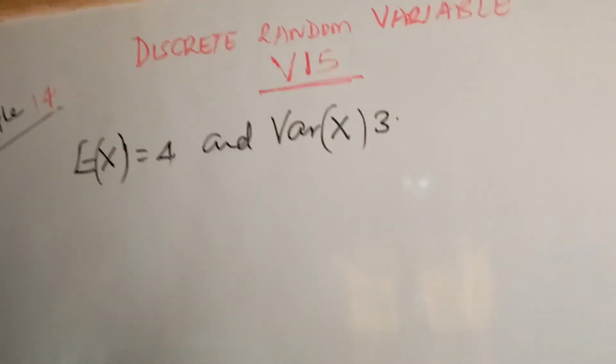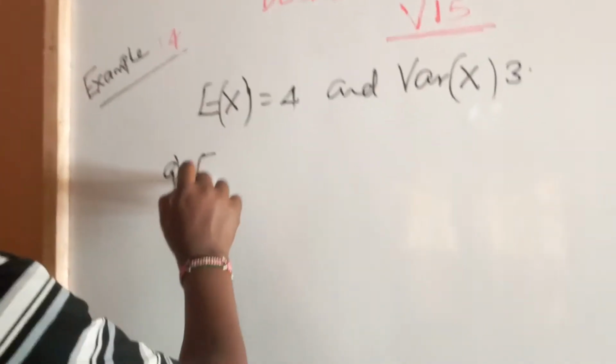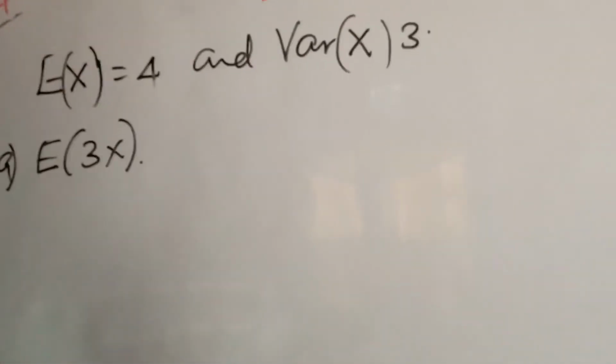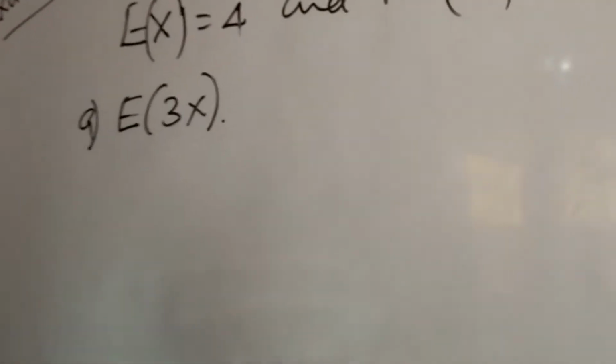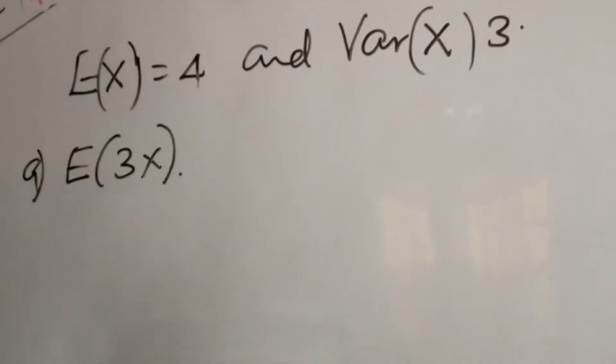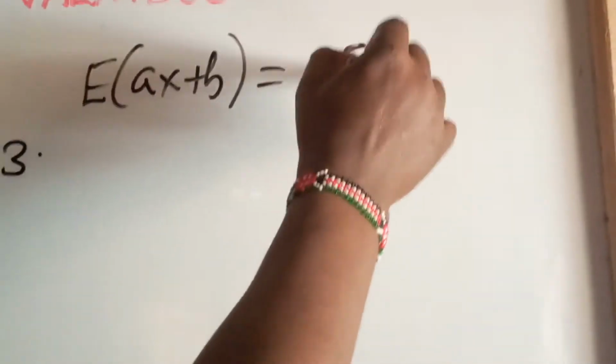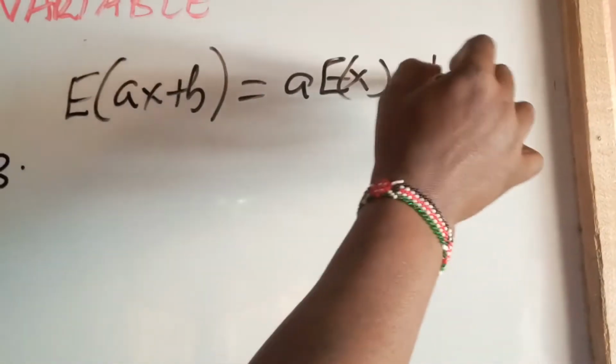So part A, find E(3X). According to the formula, E(aX + b) is aE(X) + b.